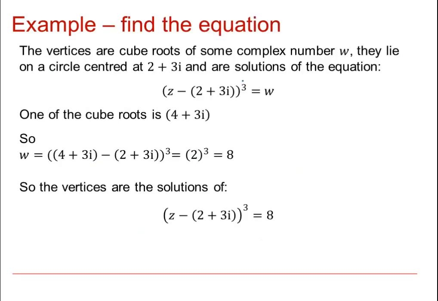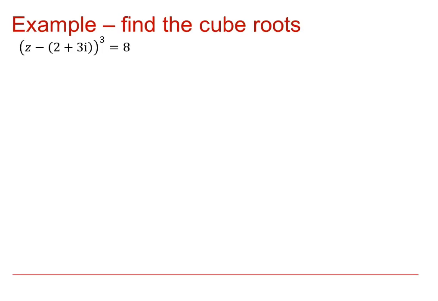So we knew we were looking for three roots, so we've gone for z minus the centre cubed equals some unknown number w, and by substituting the given root we were able to find that w was indeed 8. So we know that this equation will have three solutions, and that those three solutions lie on the circumference of a circle centred at the point (2, 3).